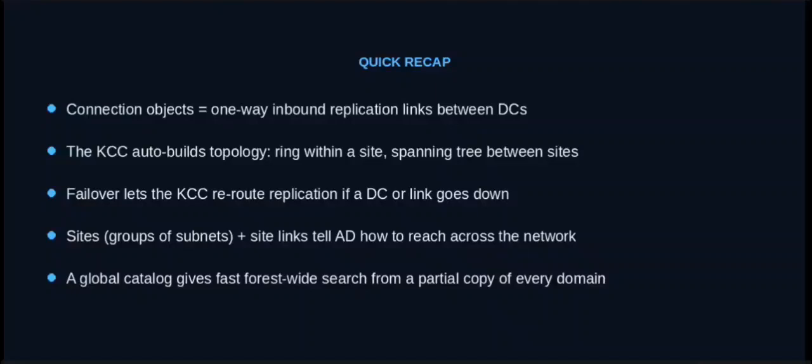Site subnets and site links help Active Directory understand the network and optimize replication. Site link transitivity allows replication across multiple connected sites. The global catalog server enables fast forest-wide searches and supports user authentication. And finally, universal group membership caching improves logon performance in branch offices without requiring a global catalog.